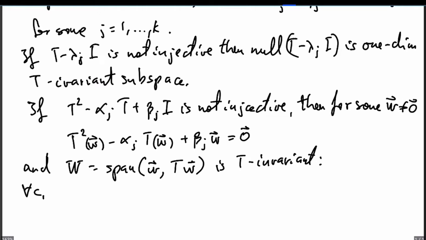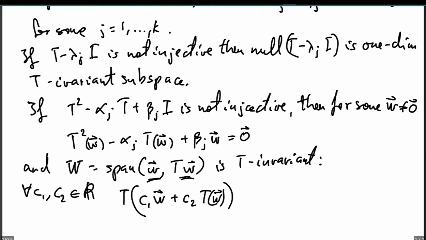For arbitrary c1, c2 real numbers, we look at the linear combination c1 w plus c2 t w, and then we apply t to it. Using the linearity, we get c1 t w plus c2 t squared w.